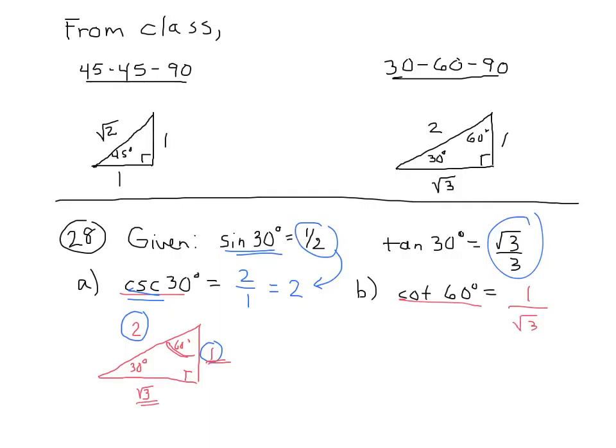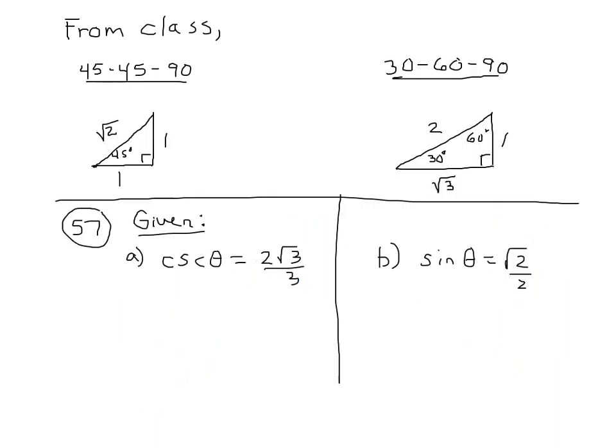So 1 over radical 3. Stay in the habit of rationalizing. I can multiply by square root of 3 over square root of 3 to find that it's square root of 3 over square root of 9, which is 3. That doesn't reduce. So my best answer is square root of 3 over 3. I will accept either one. I'll tell you, if you're going to calculus, either one of them is okay. Okay.